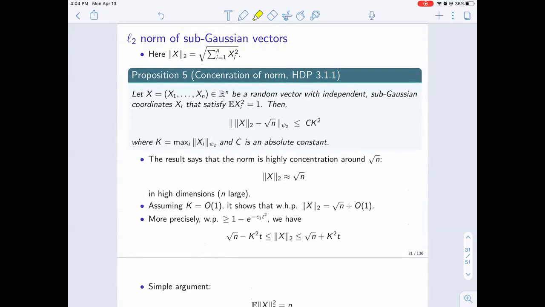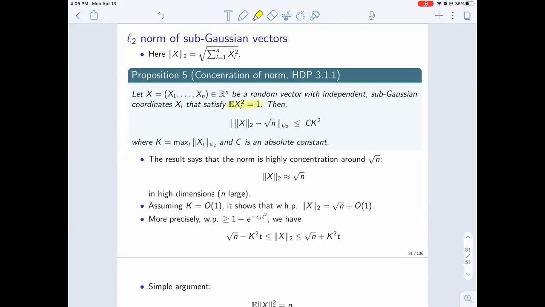So suppose you have a random vector with independent entries, and these are sub-Gaussian. So each coordinate is a sub-Gaussian random variable, and they're independent, and each one satisfies this normalization constraint: the second moment is 1.